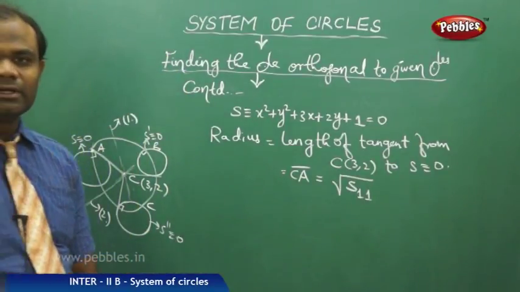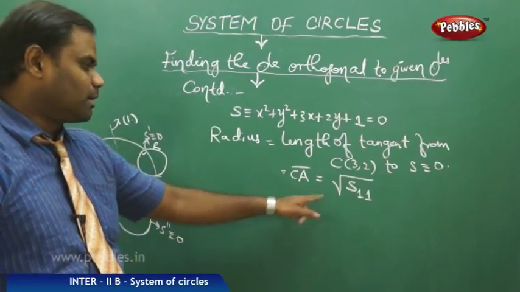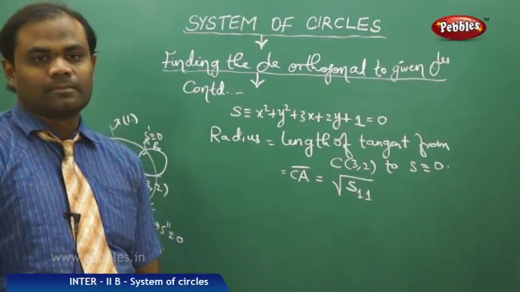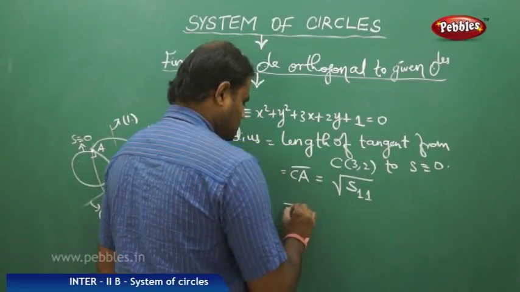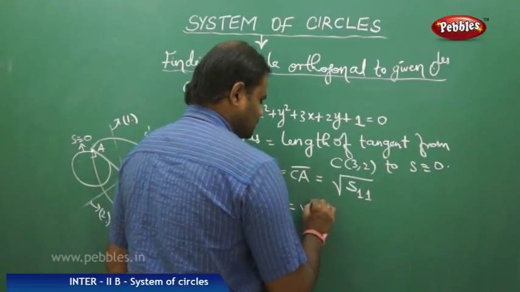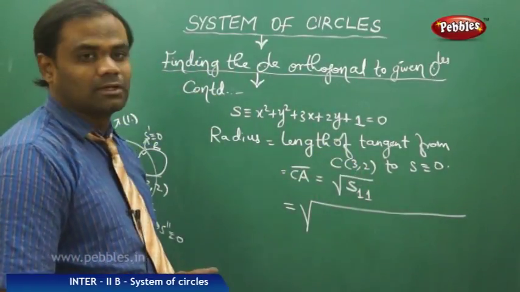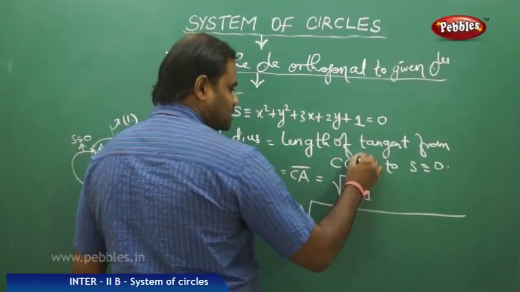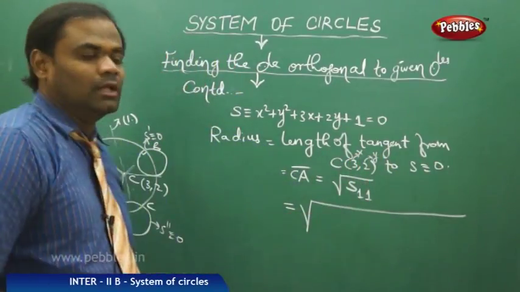Now this is strictly from the formula which we have on finding the length of tangent, which is given by root S11. So how do we find this? Using the formula, root S11 is nothing but substituting this point in the circle. That is, in place of x, I put 3, and in place of y, I put 2.